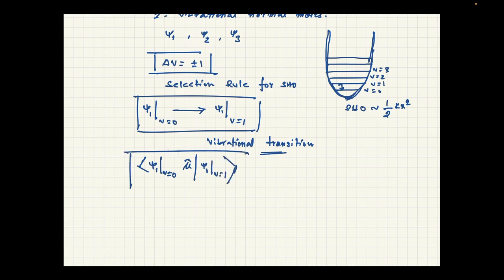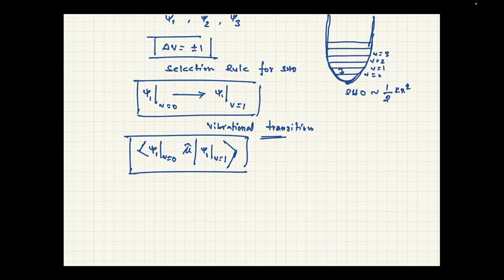So the dipole moment operator is basically driving this transition, and this particular product is called the transition moment integral, in short TMI.